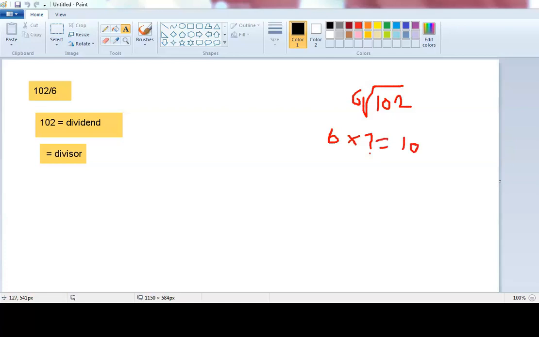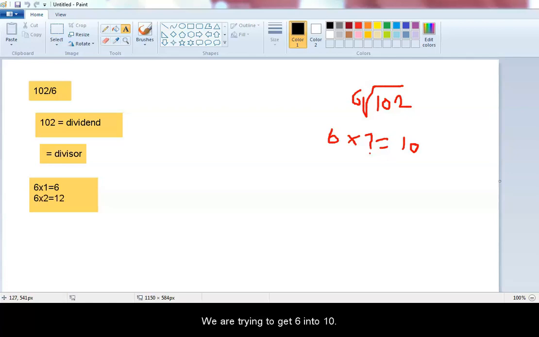Let's check this out. Six multiplied by 1 gives 6. 6 multiplied by 2 gives 12.